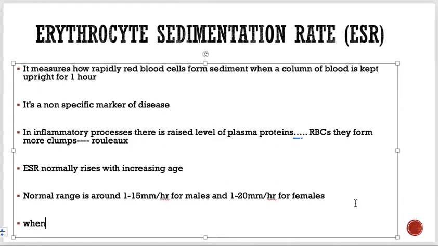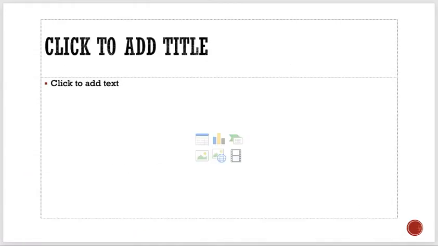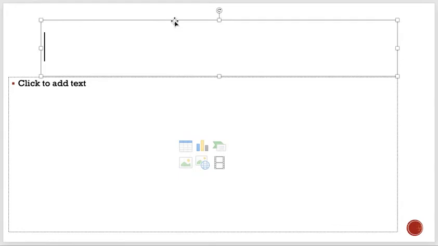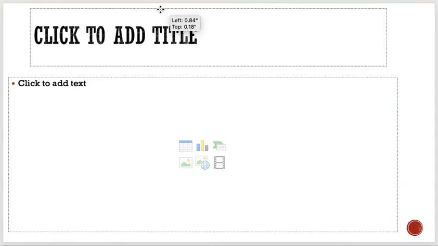When it is more than 35 millimeter per hour, it should be investigated, meaning you are going to decide on more tests for what the patient may have. That warrants more investigation to search for the cause. And what are the causes? Of course, we are going to discuss that now.